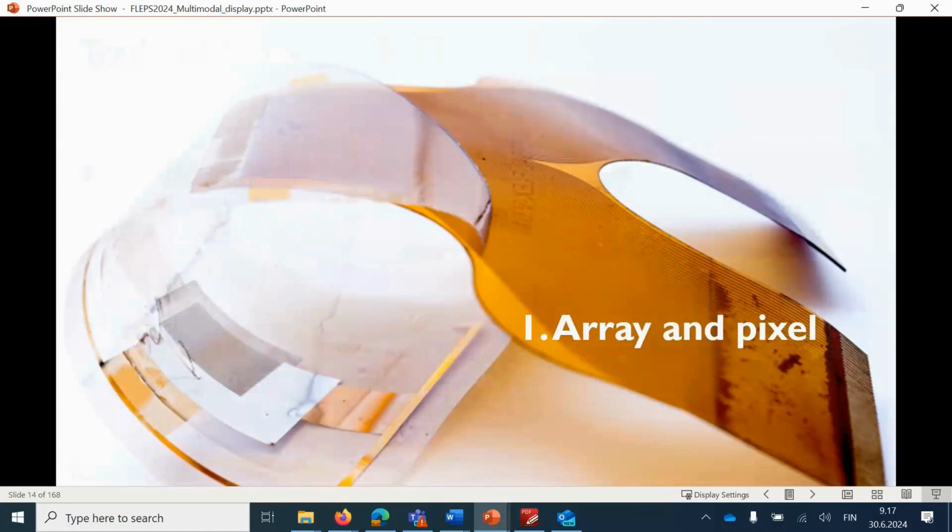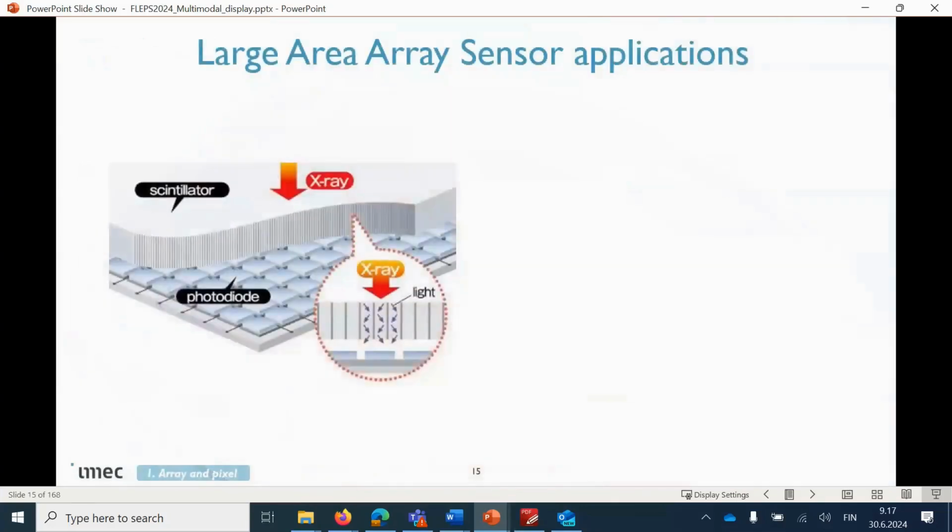So we will start first. The first section is about the array and the pixel and how we design an array of sensors and what has been made until now. The main application drivers here are two.